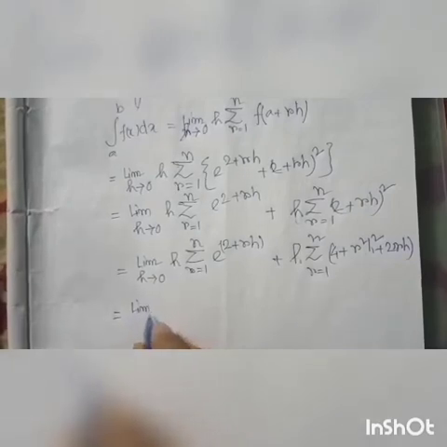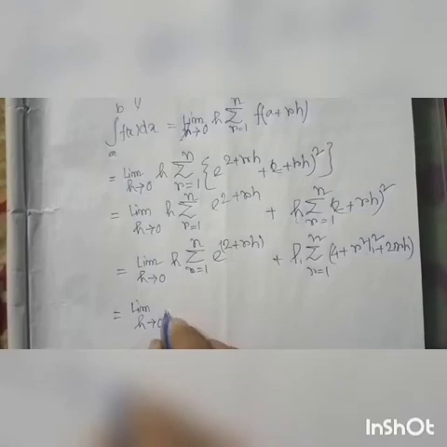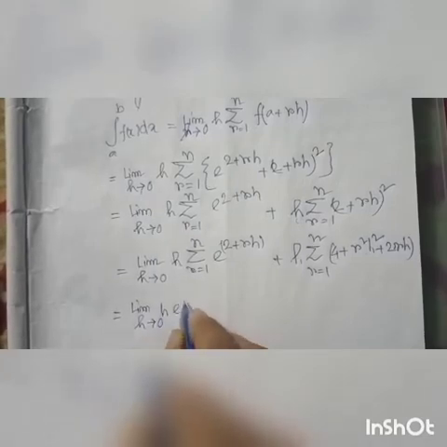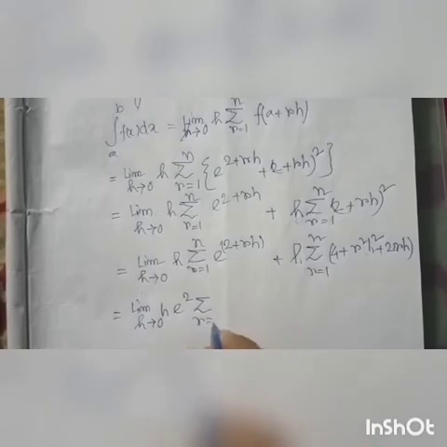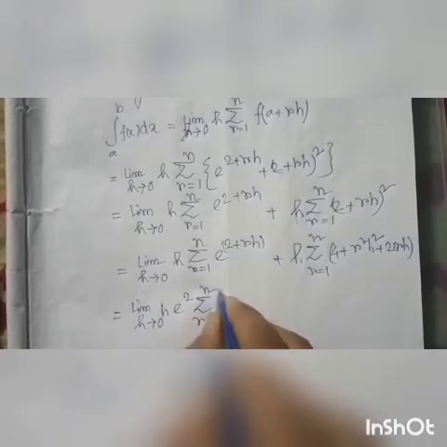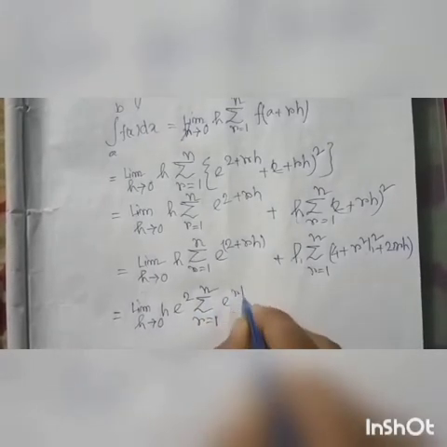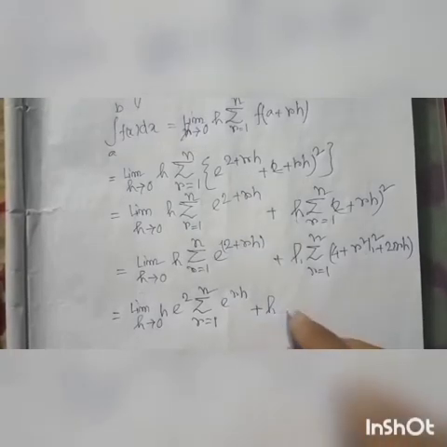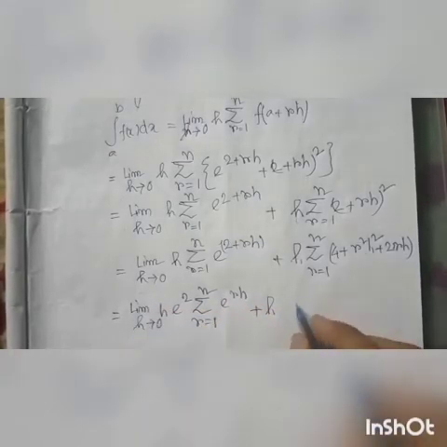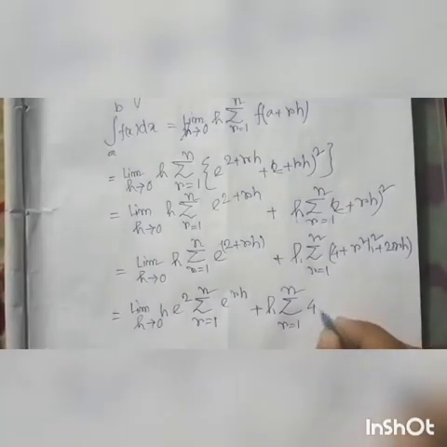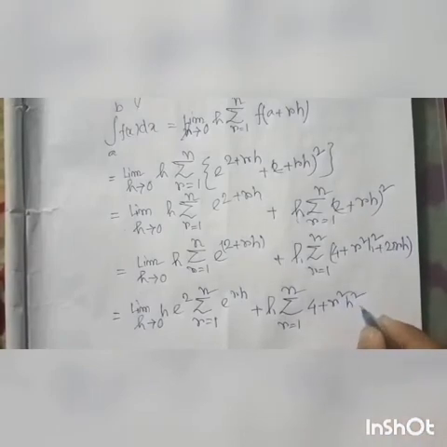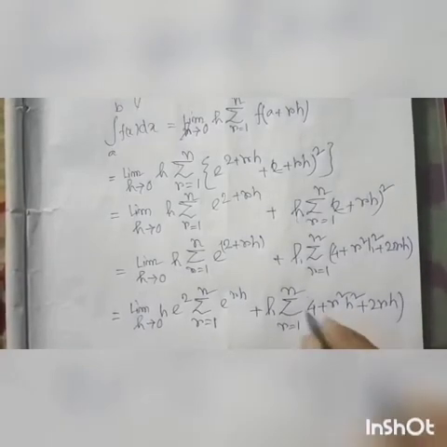limit h tends to 0, h square summation r equals 1 to n e to the power rh, plus h into summation r equals 1 to n of 4 plus r square h square plus 2rh.